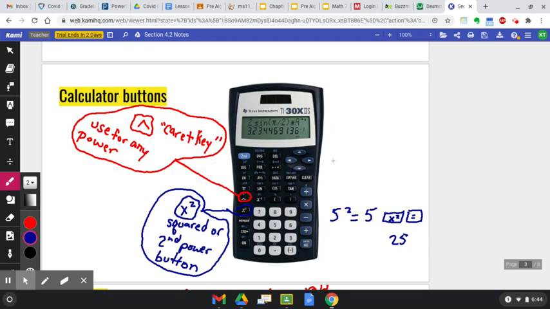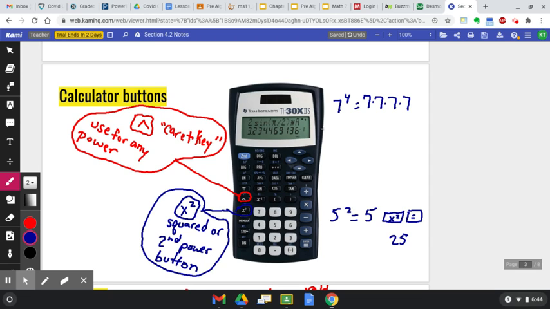Okay. However, let's say that I wanted to calculate 7 to the fourth power, right? So 7 to the 4th power. I should know that one way to do it, I could type in 7 times 7 times 7 times 7, right? Which is a lot to type in, and then you got to count, make sure you have 4.